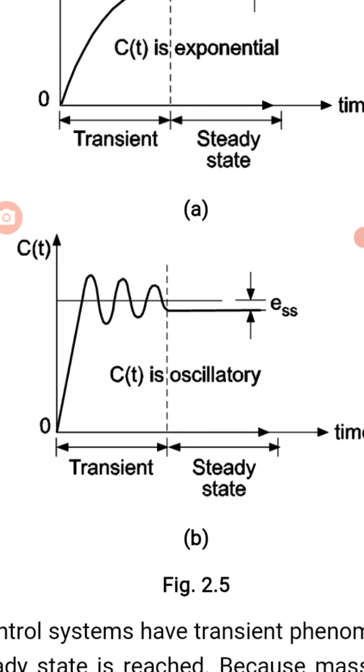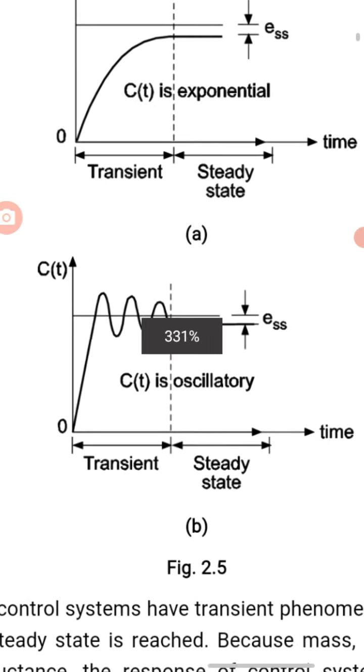If we try to increase the speed of that system, the speed of the amplifier, then the output will become oscillatory. This output is always measured in terms of transient response and steady state response, as given in the figure.